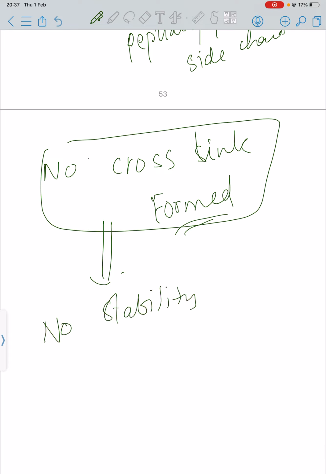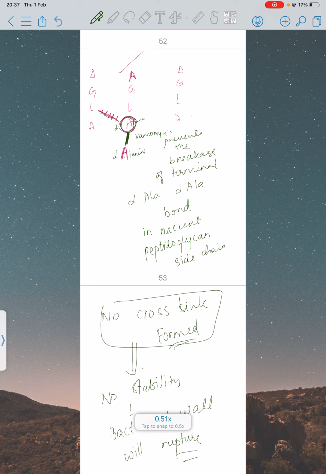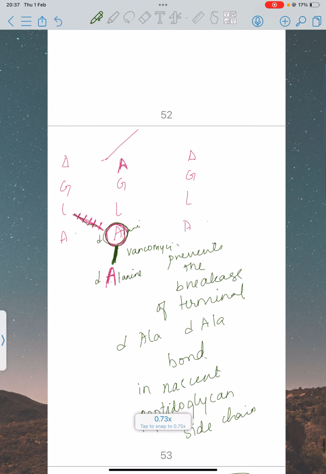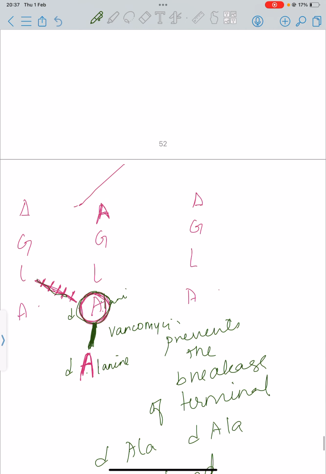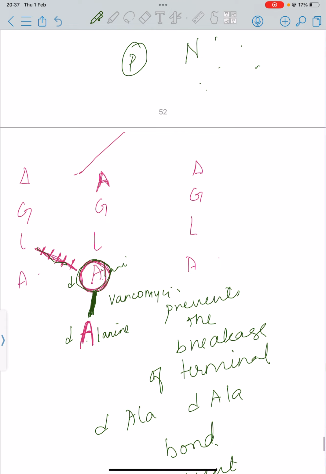If there is no stability, the bacterial cell wall will definitely rupture. Clear? So bacterial cell wall is made up of peptidoglycan. Peptidoglycan has NAM, NAG, NAM, NAG subunits. NAM has AGLA.